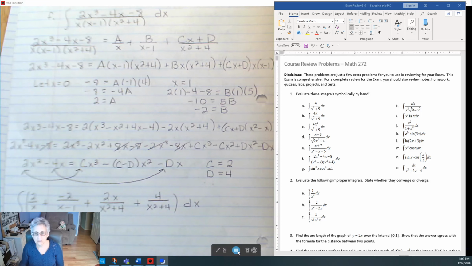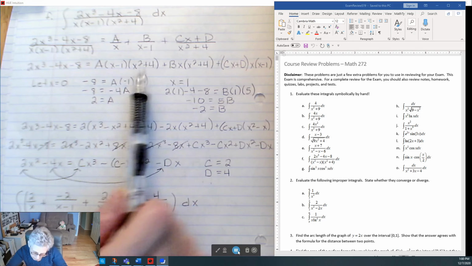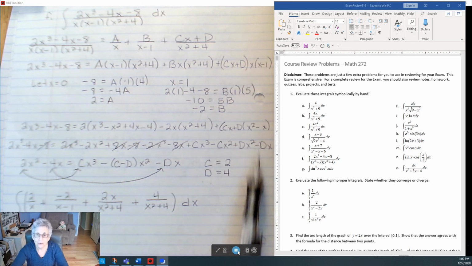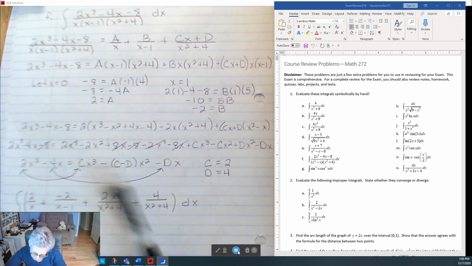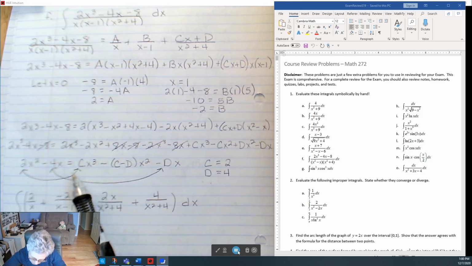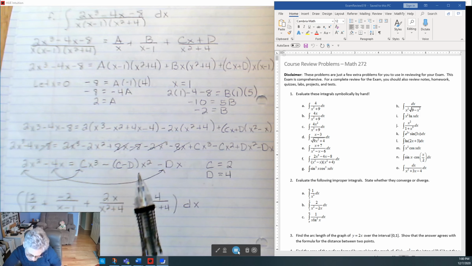Okay, there's the tedious part of the problem. I went through, I FOILed, I distributed, I FOILed, I combined like terms, and I ended up with 2x squared minus 4x is equal to cx cubed minus c minus dx squared.